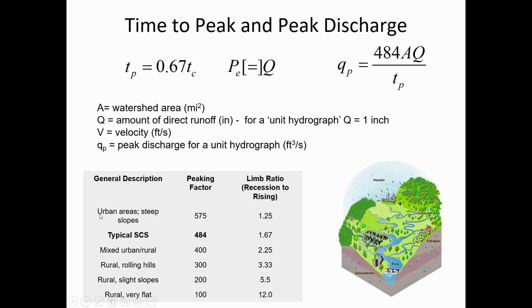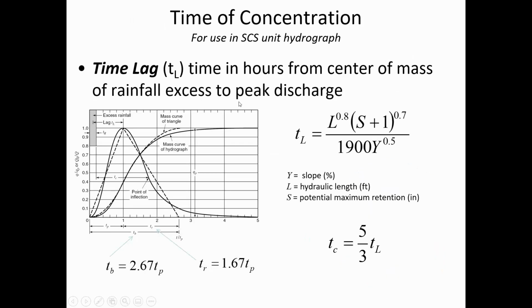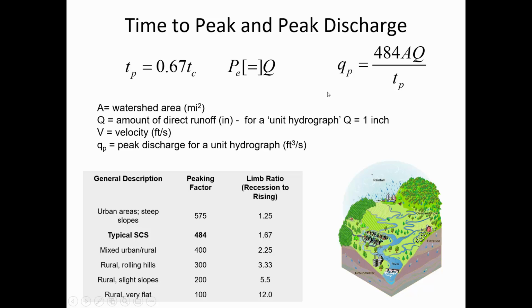So the question is, how do you calculate the peak discharge that you're going to see? The time to peak is calculated starting with the lag time, and the relationship between lag time and time of concentration is known.